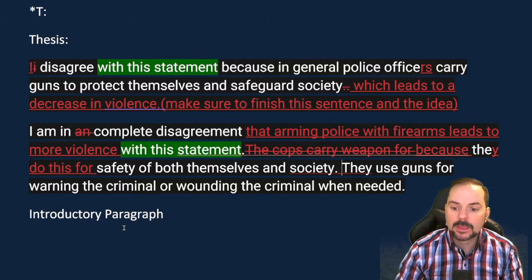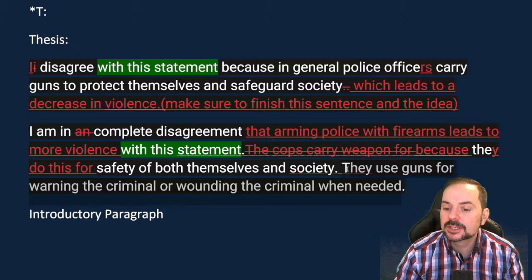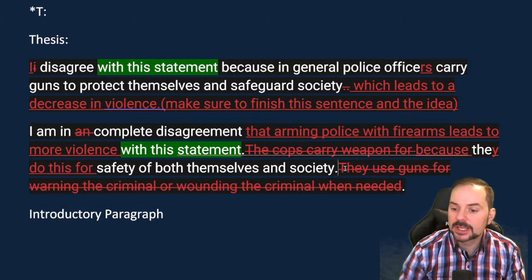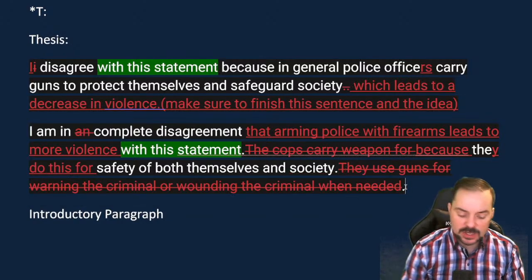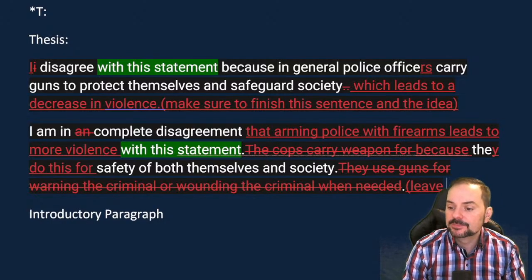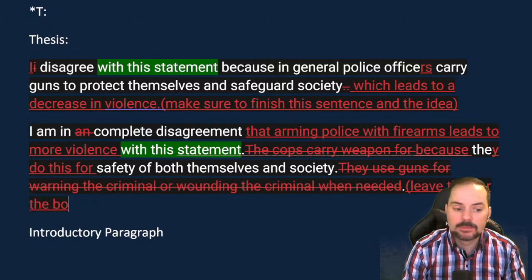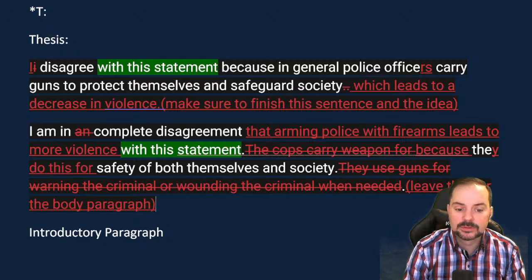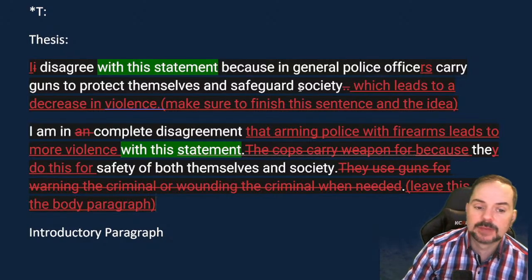Okay. And then you don't need this part here, Arda, because this part is in the body paragraph. So I would say leave this for the body paragraph. Okay. All right. And I got some thumbs up there.